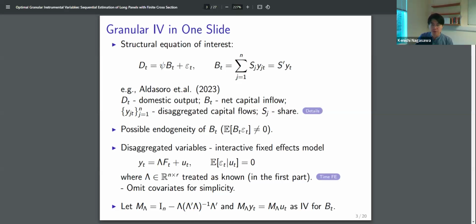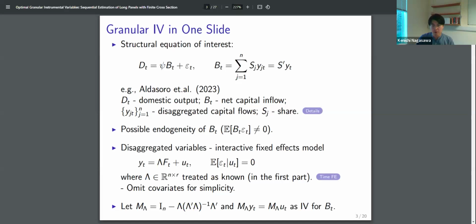So here we are interested in the effect of capital inflow on the domestic output of that country. And here, this right-hand side variable B, net capital inflow, has a specific structure, which is a weighted sum of disaggregated variables Y_jt, where the j index denotes the locations across the world.